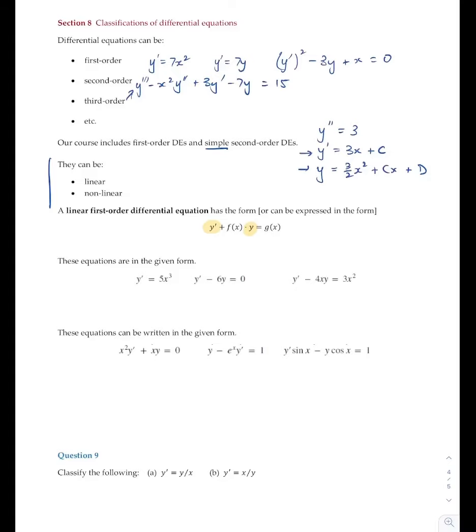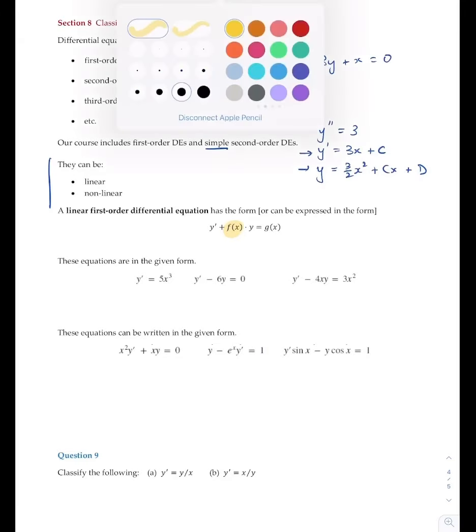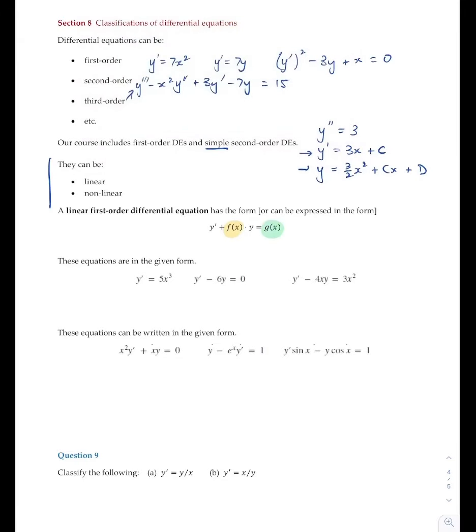So it's first order, and linear means that there are no powers attached to these things. Now taking for granted the y dash and y, let's have a look at what else we've got. We can have a function of x attached to the y, and we can have a function over here, also of x.